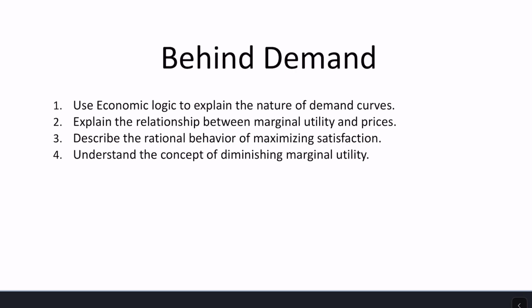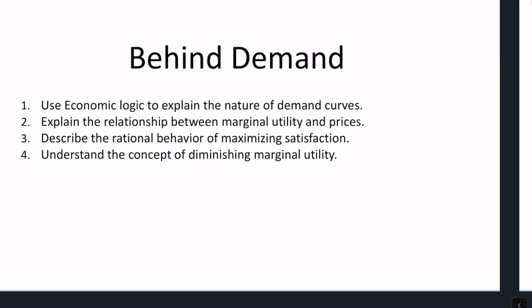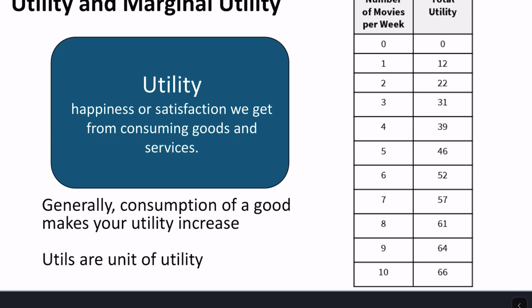But now we want a much more formal model to understand why consumers might behave that way. I'm not going to go into too much detail with math. I'm just going to give you a little bit so that you can understand where that thinking comes from. To do this, we need a couple of definitions.